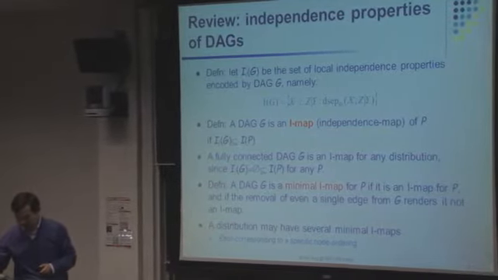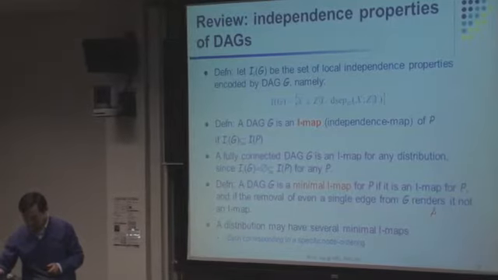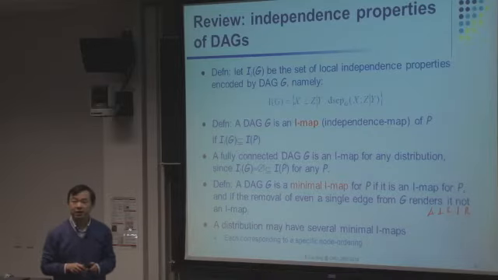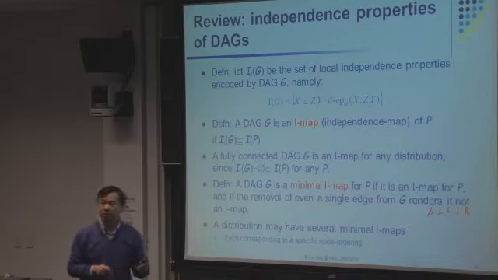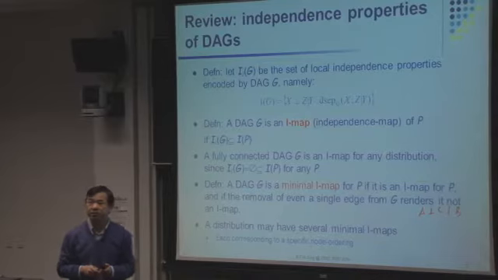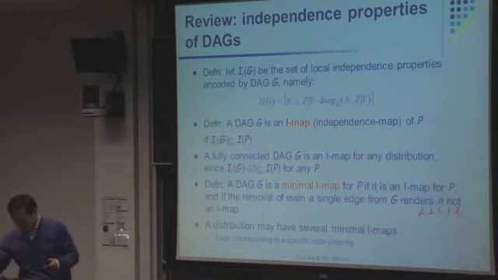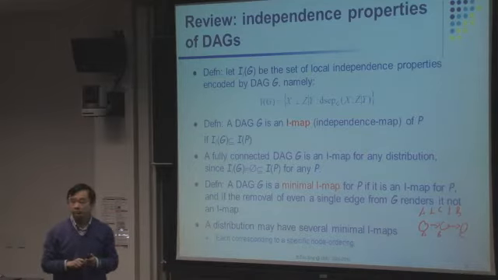For example, let me give you this: A independent of C given B. What could be the graph that actually captures this particular conditional independence? Okay, let me suggest one. There should be a cascade like this, right? But what about this?